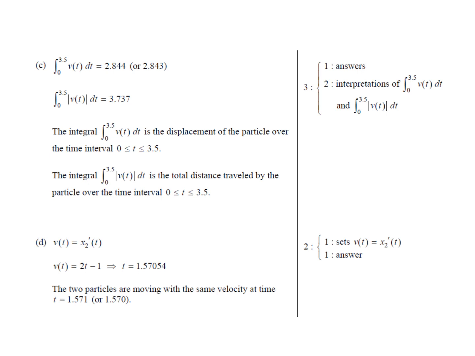What if I just wrote v(2t) equals 2t minus 1? So you never set it equal to the original part? No. Then I don't think you're getting it. Because the point right here says sets v(t) equal. If you don't set them equal to show that that's when they're traveling the same speed, I say no, you don't get that point. And then of course the answer is another point.